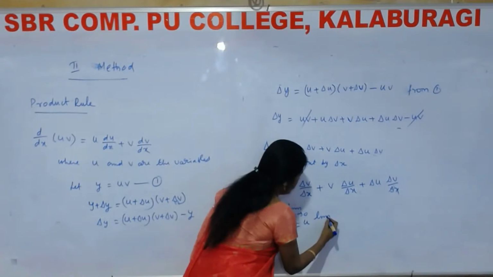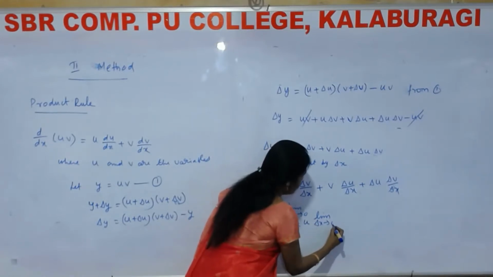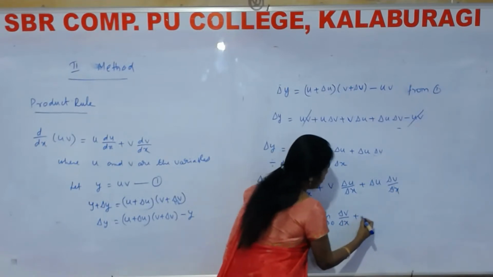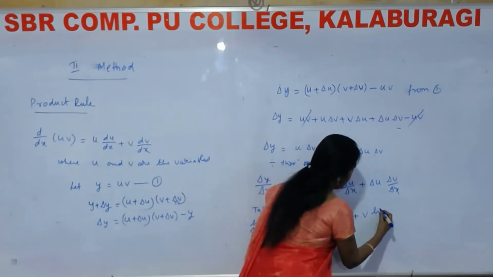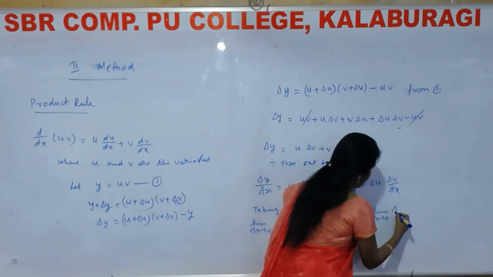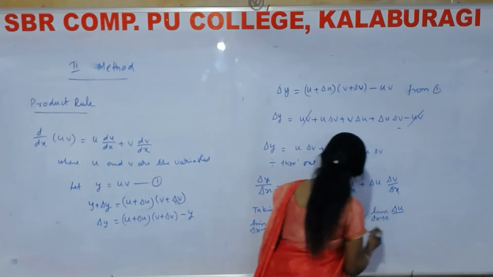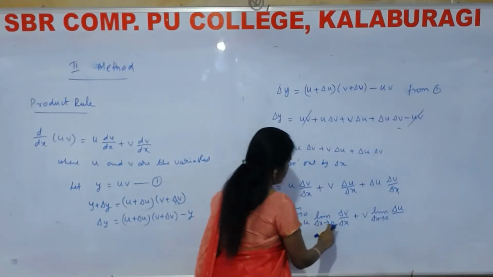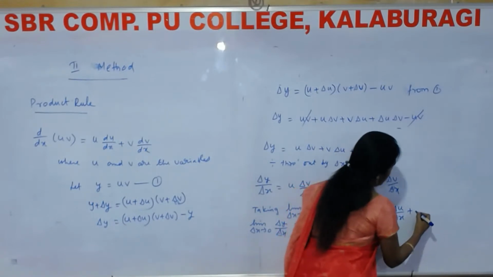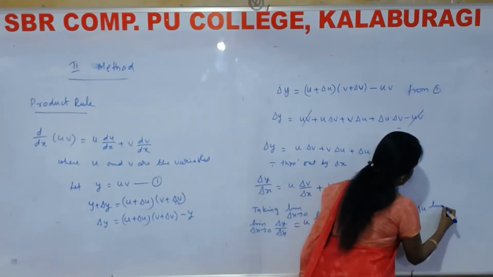Limit delta x tends to 0, delta v by delta x plus v into limit delta x tends to 0 delta u by delta x. Whether I have written correctly?